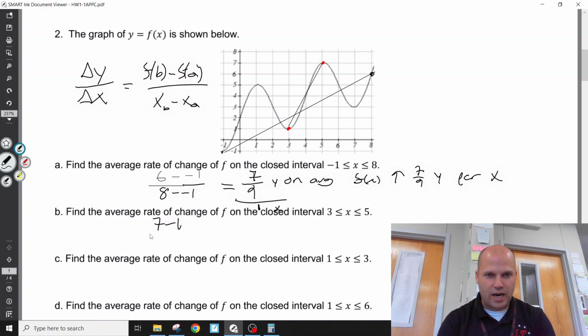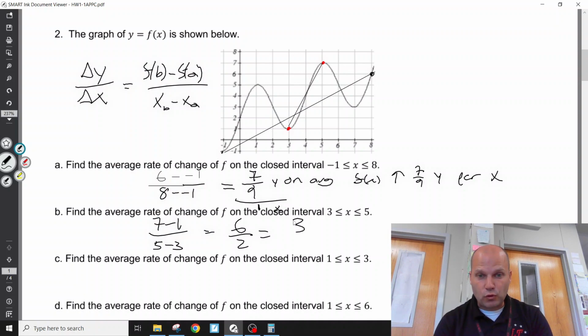You find that by subtracting 7 minus 1. I went up 6 y's over the course of 2 x's. That can be simplified to be 3 y's per x. On average, my function is going up 3 y's per x.